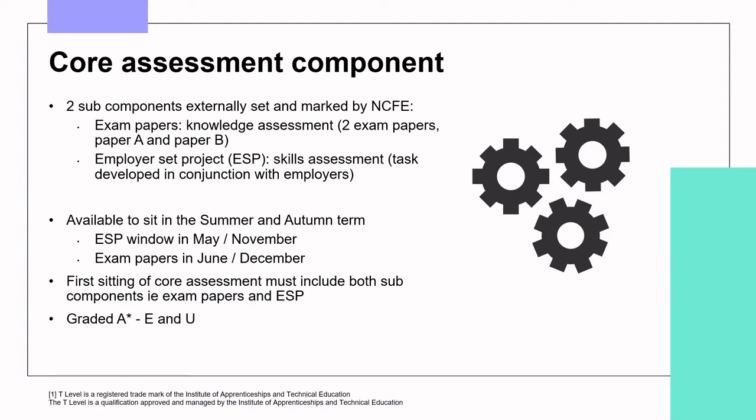So for the first attempt, it's not possible to sit the exam papers only in the summer and then the employer set project in the autumn. Both need to be taken together when it's the first sitting. For retakes, however, that can be the exam papers only or the employer set project only, which I will mention more about later. The core assessments are graded A star to E and U or ungraded.